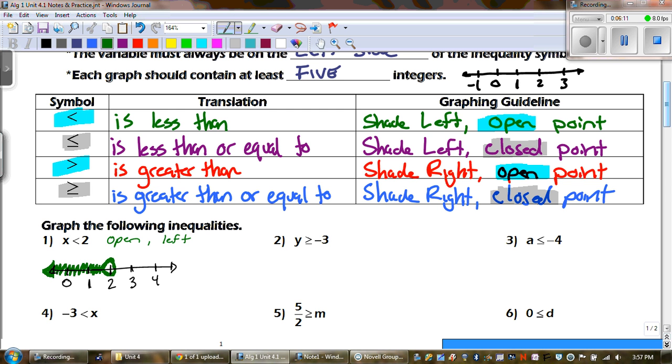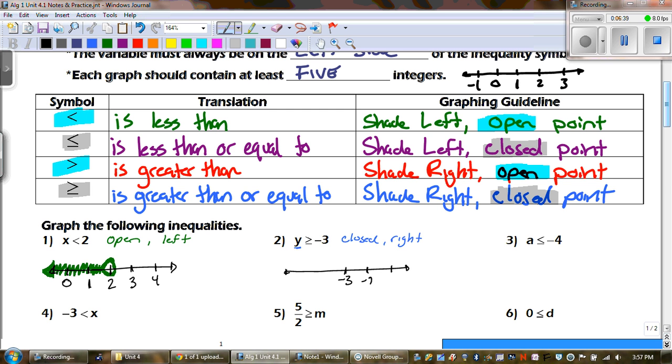Okay, let's look at number 2. Is it open or closed? It's closed. And the variable is on the left, which is good. So do we shade to the right or to the left? We shade to the right. So let's draw our number line. I start at -3. So what's -3 plus 1?